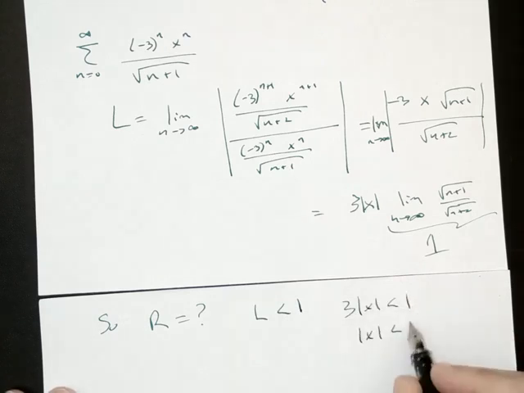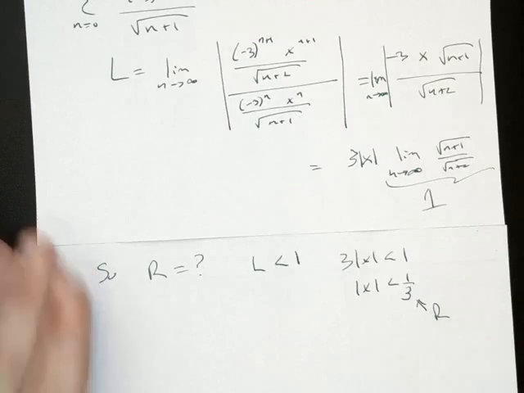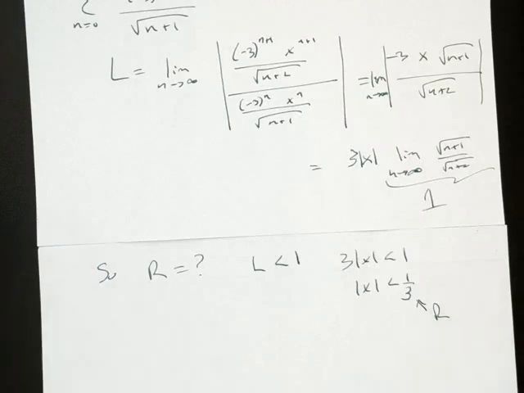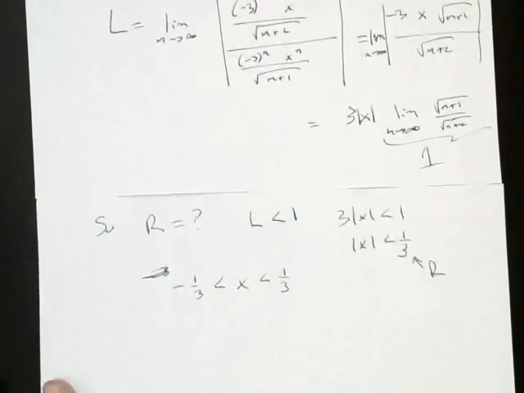That means that I actually want a 1/3 over there. And that's my radius of convergence. So I know that it converges absolutely between those two numbers. The real question is what happens at the edges.